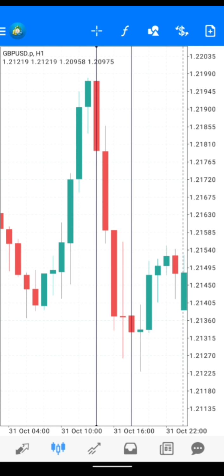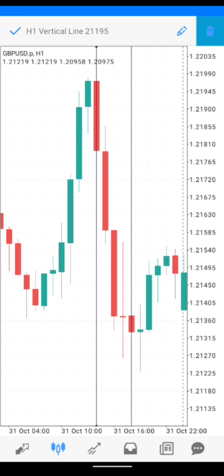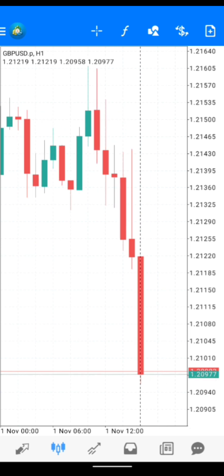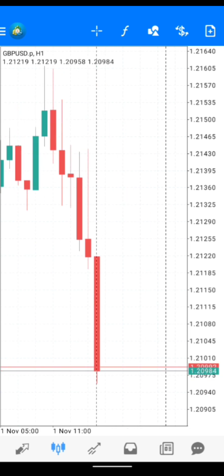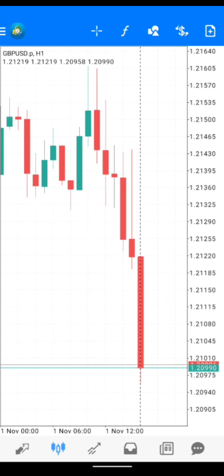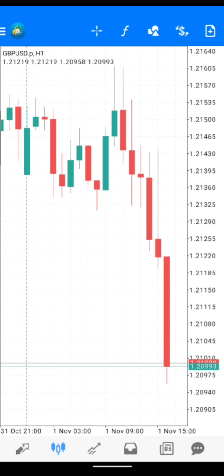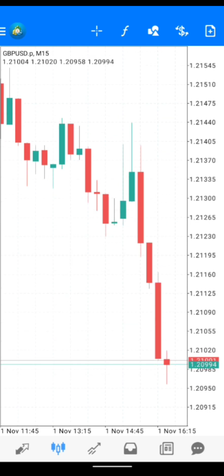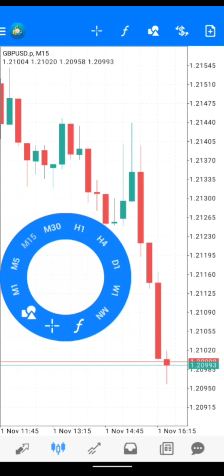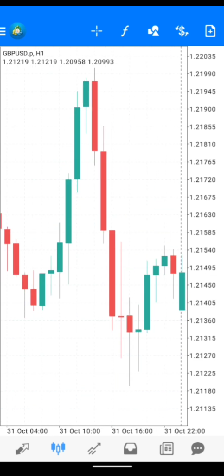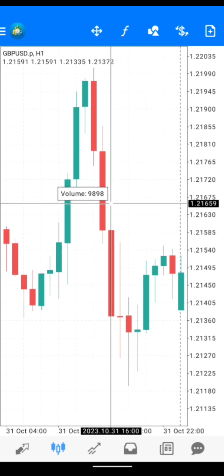If you look closely at the anatomy of these candles, you realize they open and close differently. Let's say this candle here. Let's zoom in.